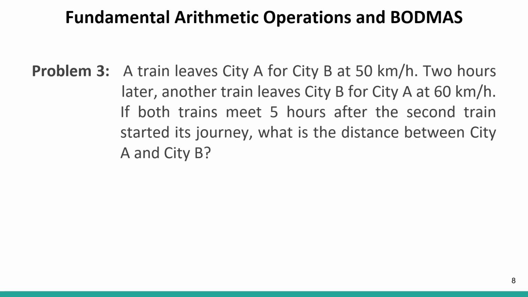A train leaves city A for city B at 50 km per hour. Two hours later another train leaves city B for city A at 60 km per hour. So here we have city A and then city B. The train leaves from city A to city B at 50 km per hour.